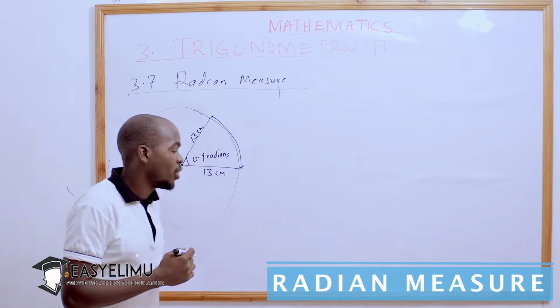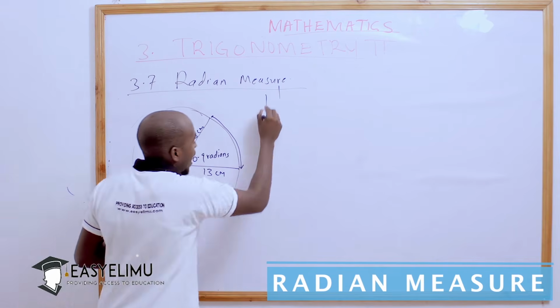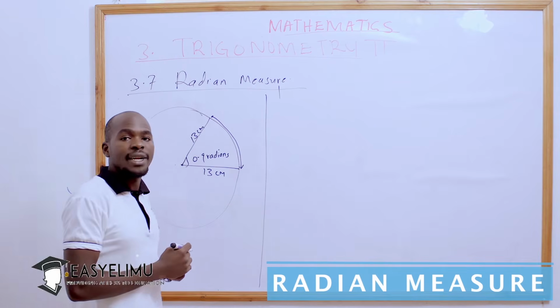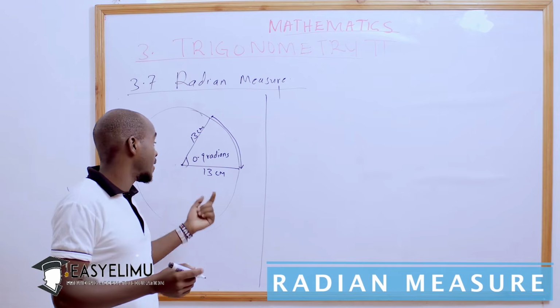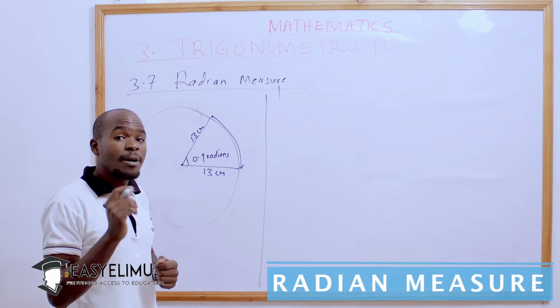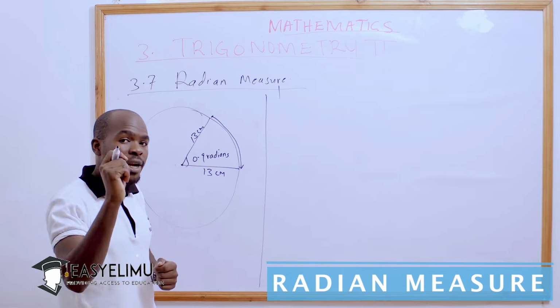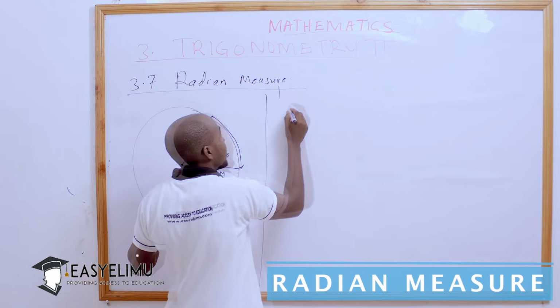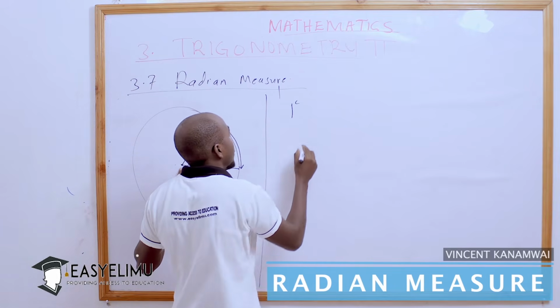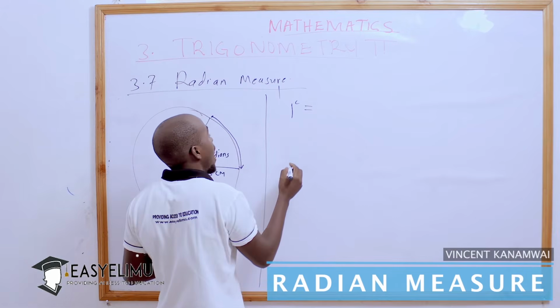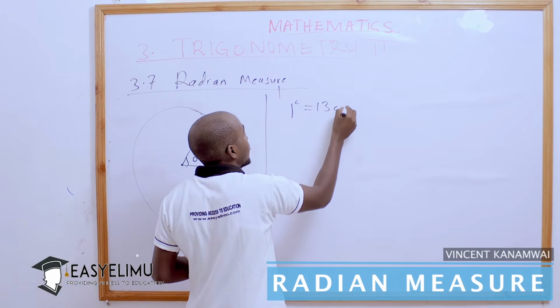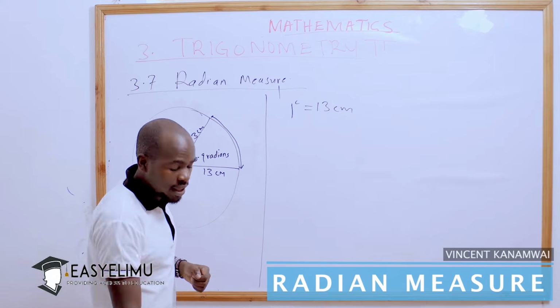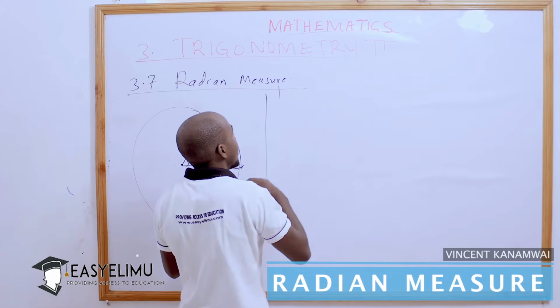Remember one thing. We did say that an arc length equal to the radius of the circle subtends an angle of 1 radian at the center of that circle. So if this angle were 1 radian, it would have subtended an arc length of 13 centimeters, the radius of the circle.